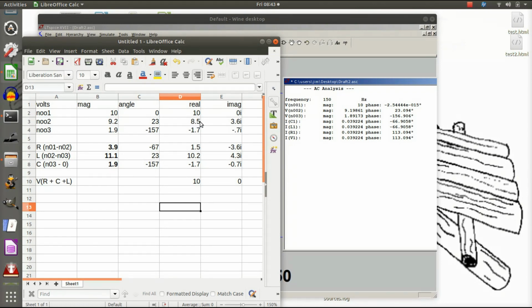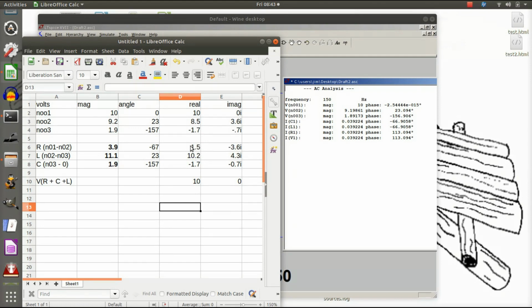And I did the same thing for the voltage drop across the inductor. It's node 2 minus node 3. So it's 8.5 minus a minus 1.7, which gets me to 10.2. And it's 3.6 minus a minus 0.7, which puts me at 4.3i. So those are the rectangular values for that voltage drop, or the voltage across the inductor.